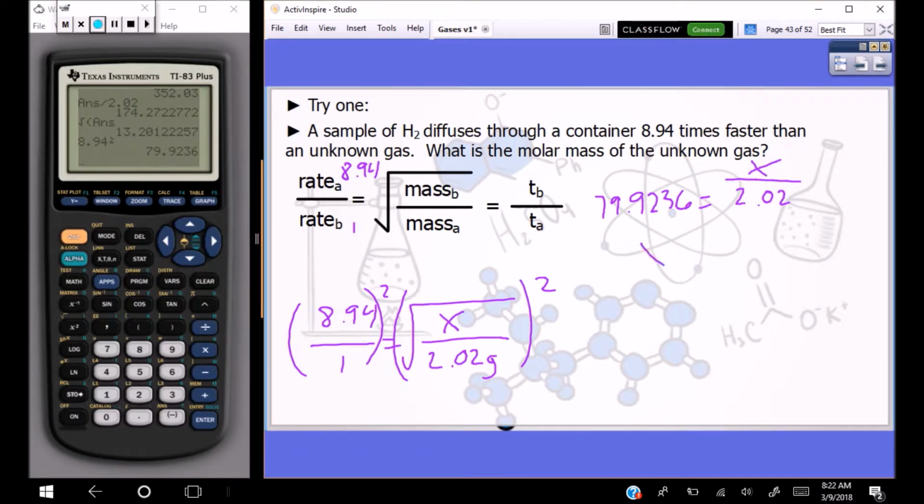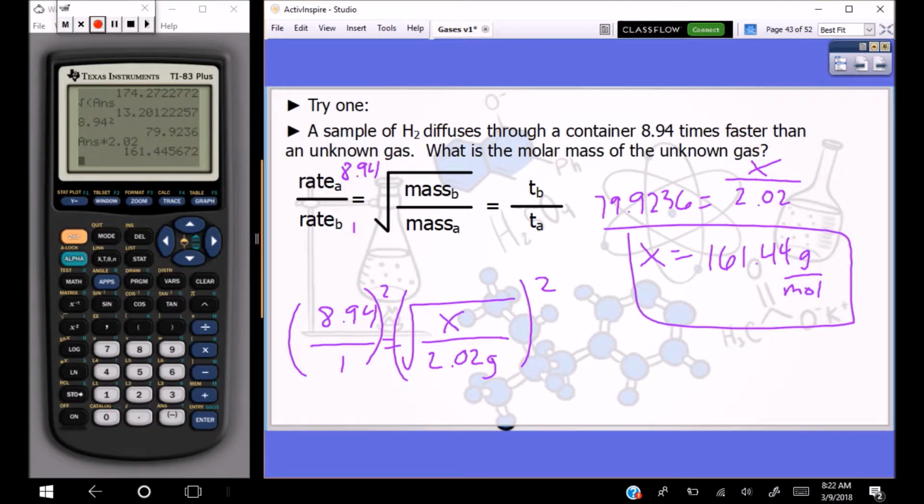Then I solve for x, so times 2.02. I've got a mass of about 161.44 grams per mole.